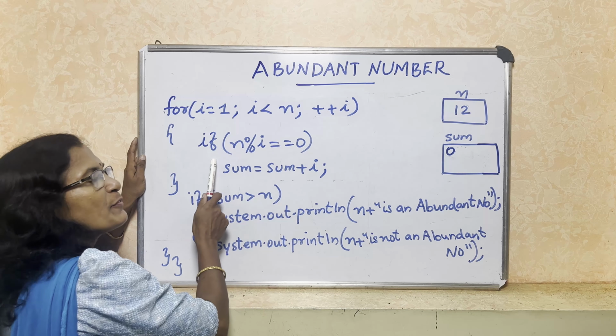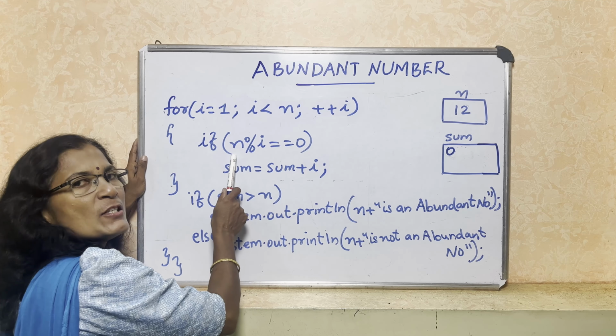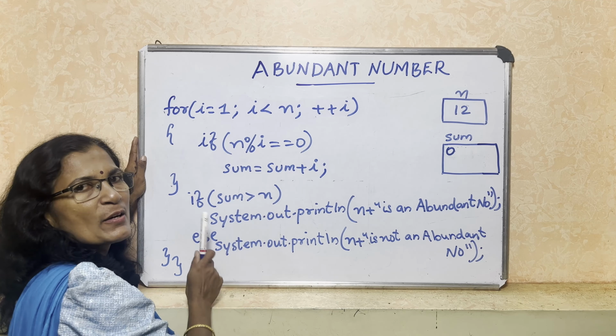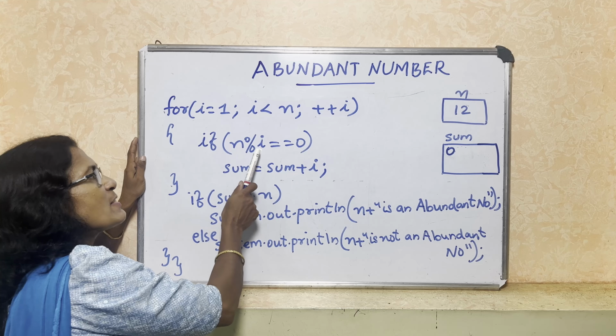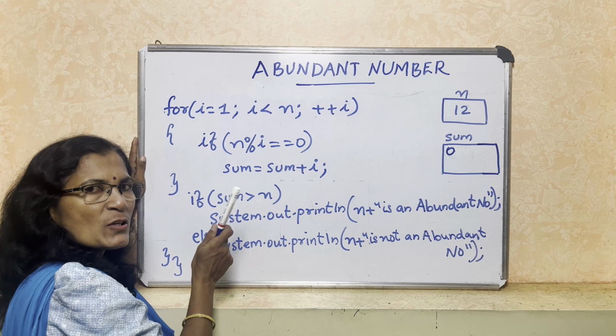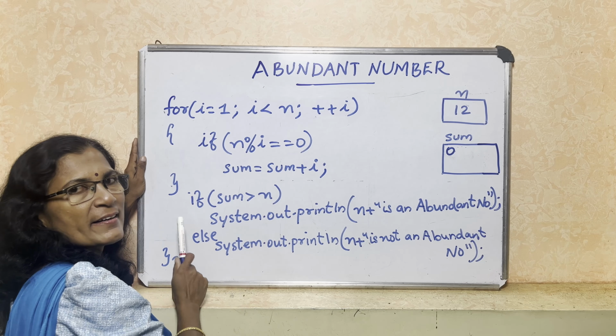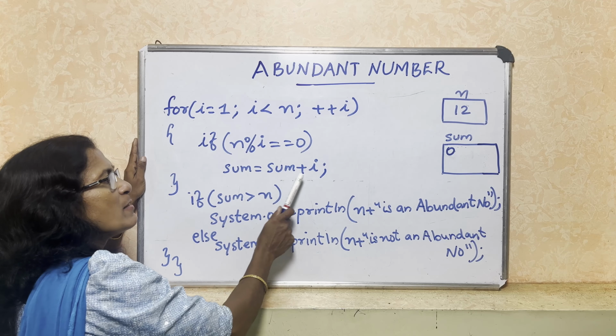Within the body of the for loop, we have written the statements to check whether n is divisible by each value of i. If n is divisible by a particular value of i, that means i is a factor of n. So, add that factor to sum.